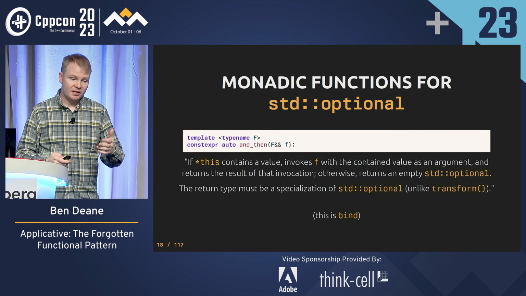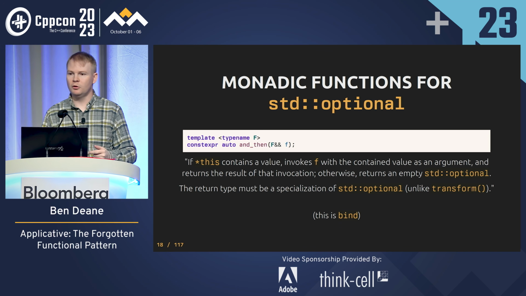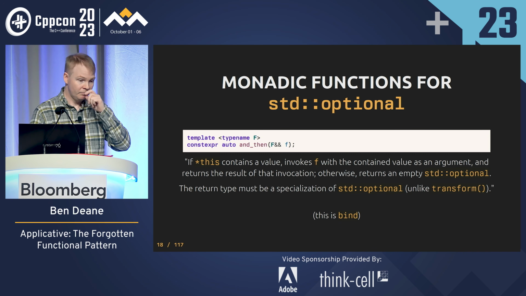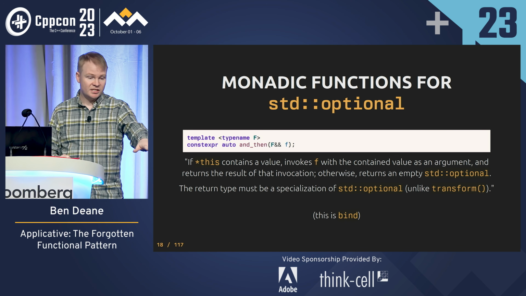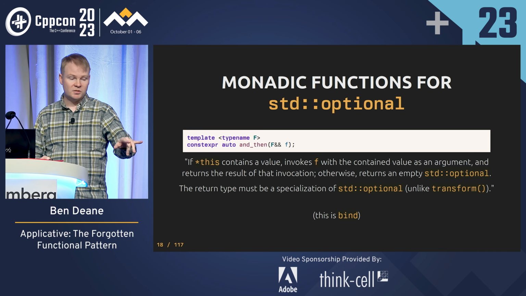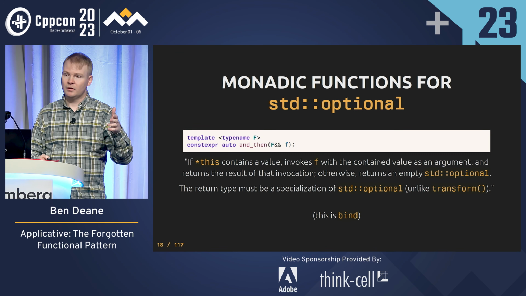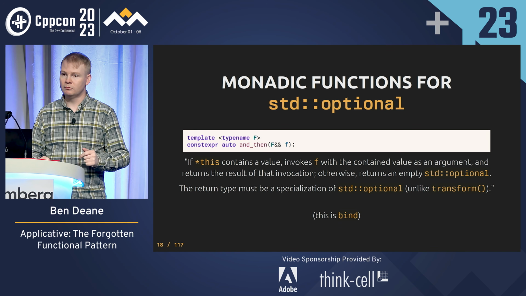And bind is, we call it and_then, right? It's another member function on optional in C++23. And you can see this text is basically the same. If I flip back and forward, the only difference is that last part. The return type of the function we pass in must be a specialization of std optional, right?